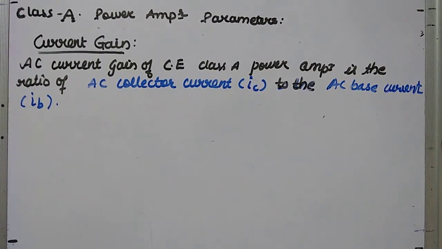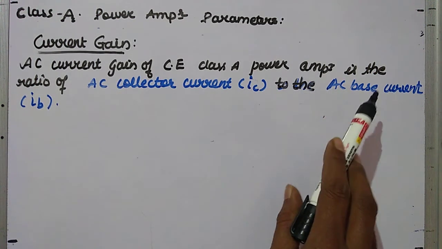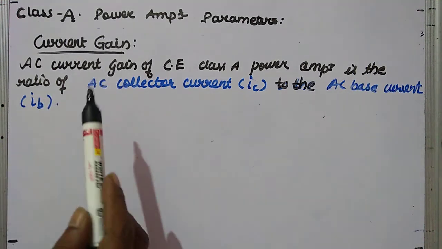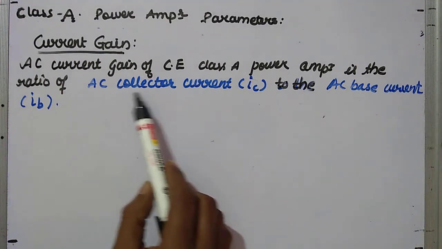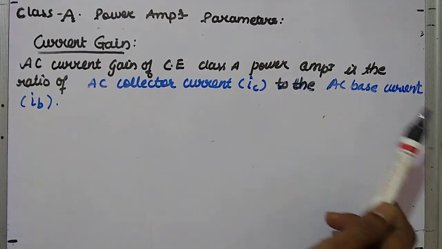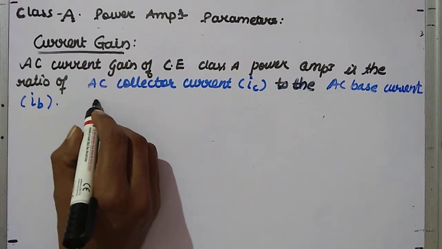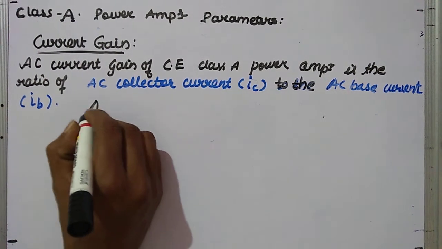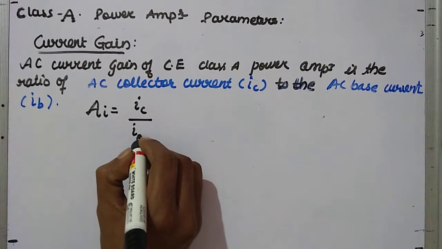Next point is the current gain. So basically here we are dealing with the AC signals. So the AC current gain of a common emitter class A power amplifier is the ratio of output current upon input current. So output current is the AC collector current, that is small ic, to the AC base current, that is small ib. So mathematically we can represent AC current gain as Ai is equal to small ic divided by small ib.